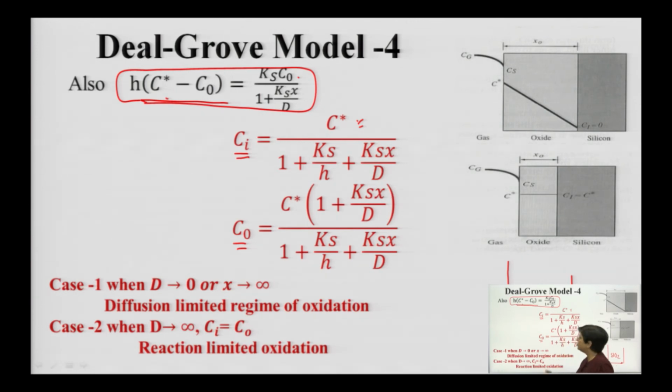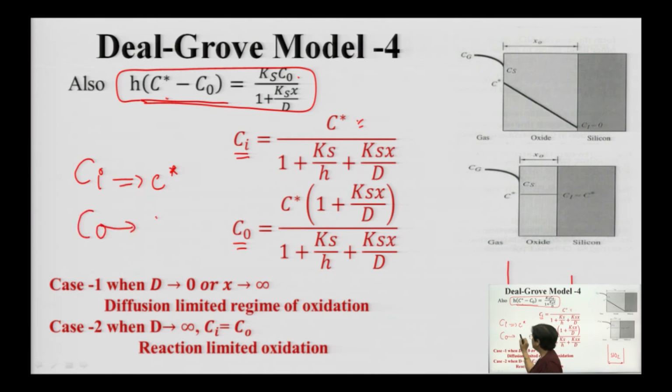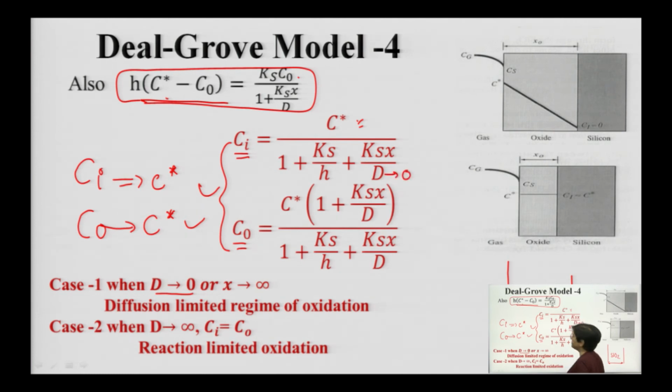So, my intention was basically to get Ci in terms of C star, that is, the equilibrium concentration, and Co in terms of C star. Obtaining these two values, I can come to one conclusion: when D is tending to 0, please understand, this entire term becomes infinity, x tends to infinity.